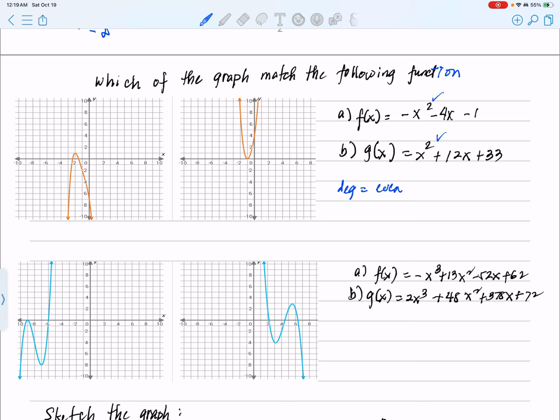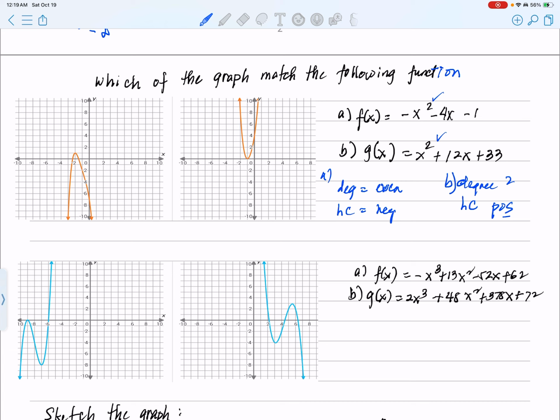Because it's 2. Okay. Right here in A, the leading coefficient is negative. So in B, the degree is 2 and the leading coefficient is positive.